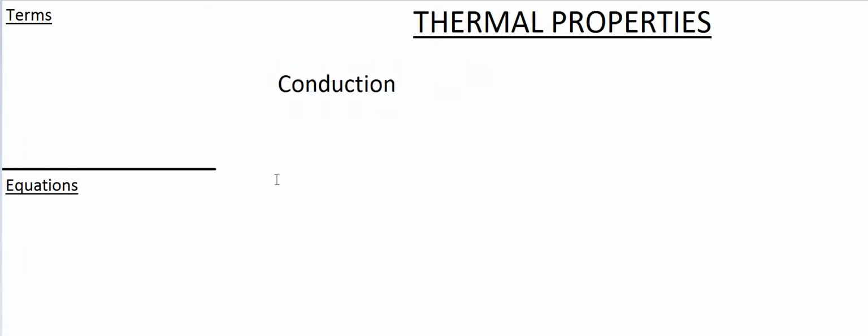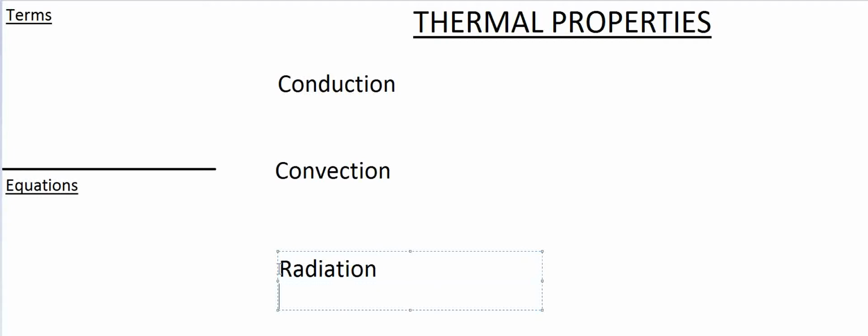The second type is convection. The last type is radiation. Okay, so first I'll be talking about conduction.